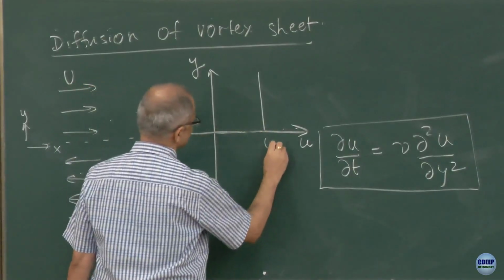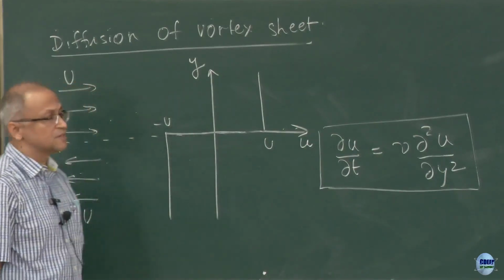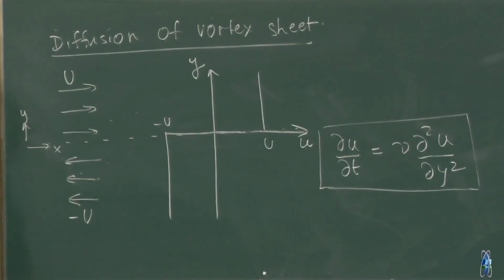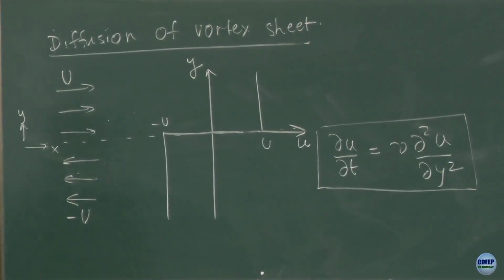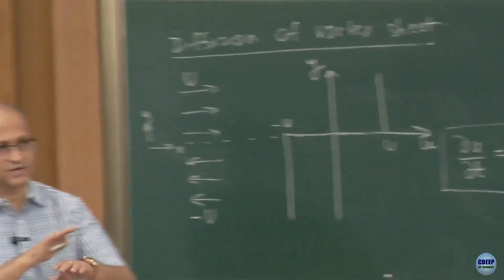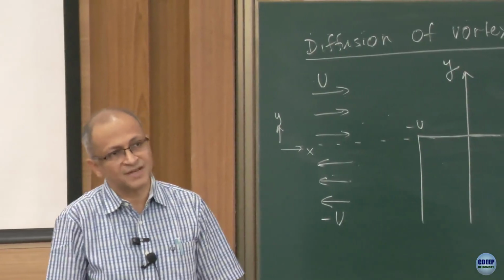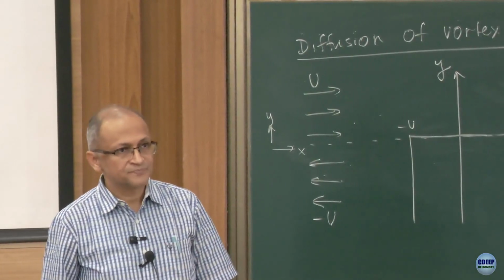This is plus u and this is minus u. This is only at time t is equal to 0. After that, this gradient will not exist. So at time t is equal to 0, we create the situation, we leave it, and then we will see how the solution is going to evolve, and that is exactly of interest to us.